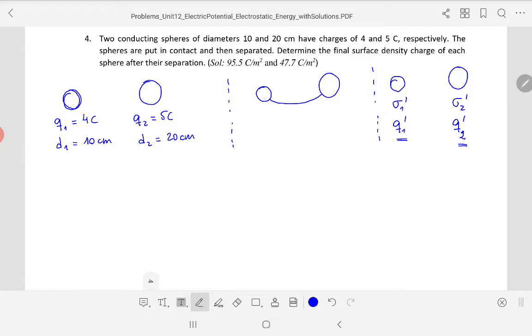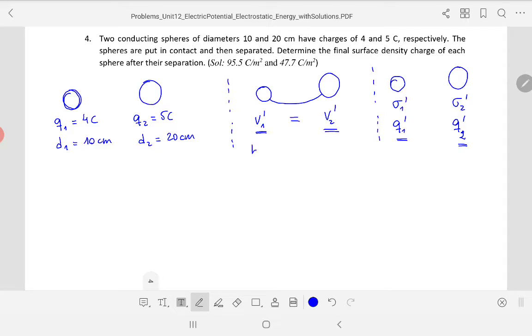And for that, we have to bear in mind that these conducting spheres, once they are put in contact, for instance with the wire, have to acquire the same potential. So the potentials V1 prime and V2 prime have to be equal. When they are put in contact, charge is transferred from one sphere to the other in a way that the potential of both spheres is equal.